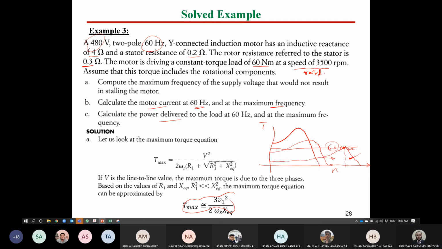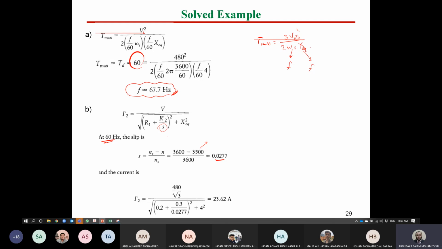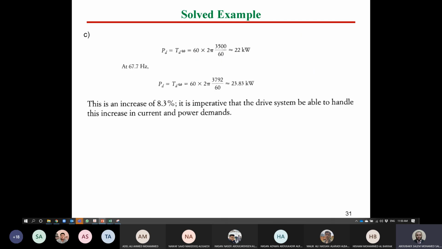Right. Then we need to calculate the delivered power to the load, which is the output power. طبعا simply output power can be calculated as T multiplied by omega. طبعا here يا شباب يعني we neglected the rotational loss, so we can say now P out equals P mechanical, which is torque developed multiplied by omega of rotor.